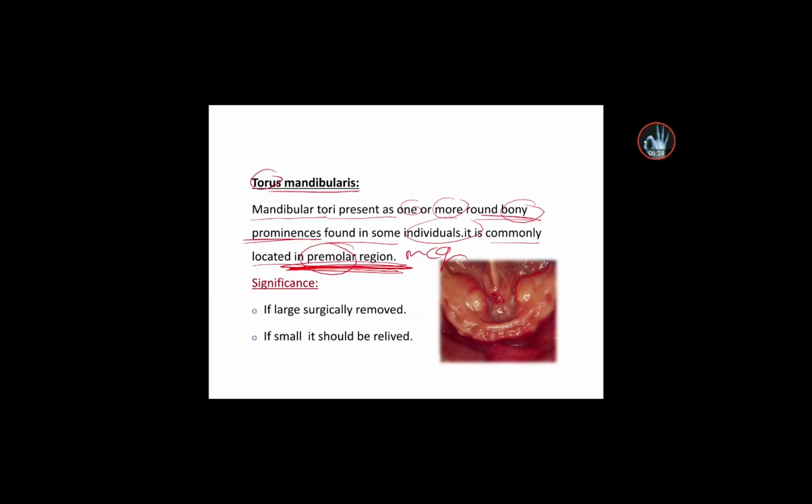So the torus mandibularis, as we said, is on the premolar area. Significance: if it's too large, it should be surgically removed. If it's small, then relief. MCQs also. Large tori should be removed, should be cut, should be removed.